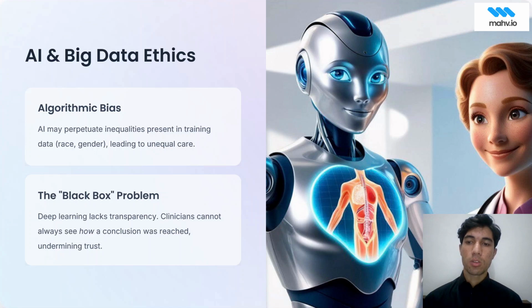It was very transparent. Clinicians could be provided with different reasons why this specific result was chosen and how this conclusion has been reached. But the present deep learning models lack transparency, and so clinicians do not know how a certain conclusion was reached, thus undermining trust.